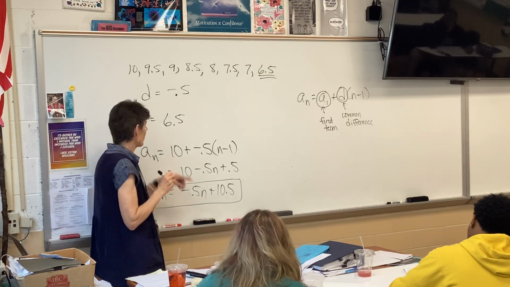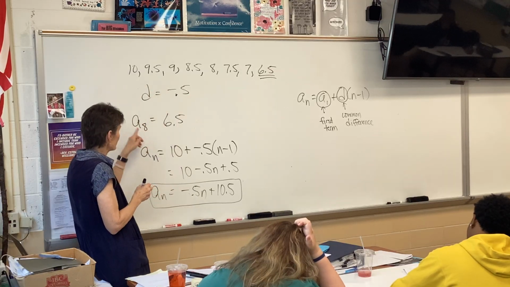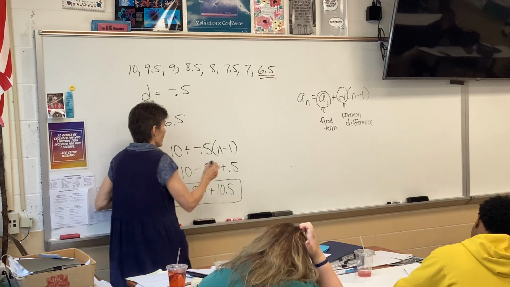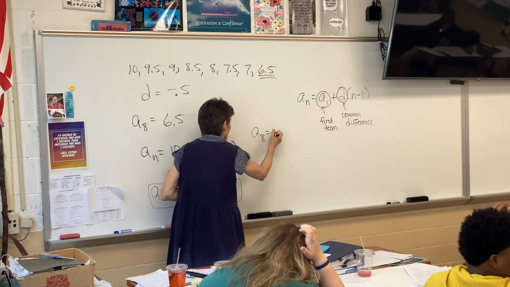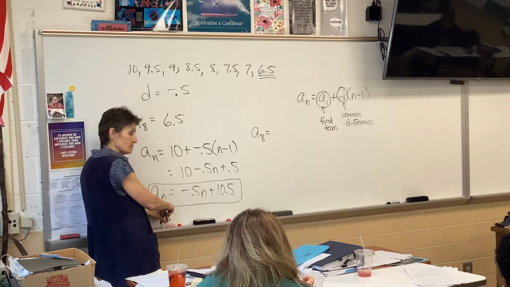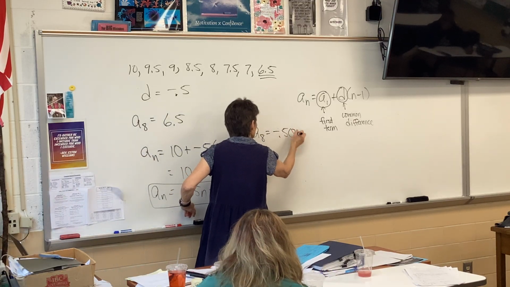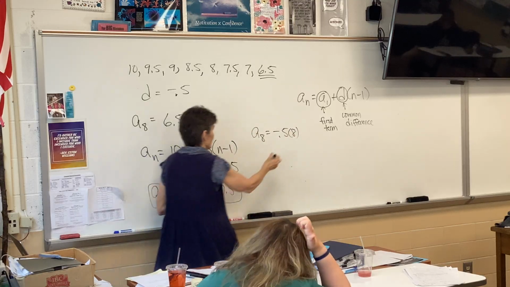Now let's check this. I think we're right. I mean, we wrote it out. We gotta be right. But let's see if our formula works. According to our formula, a sub 8 should be negative 0.5 times 8 plus 10.5.